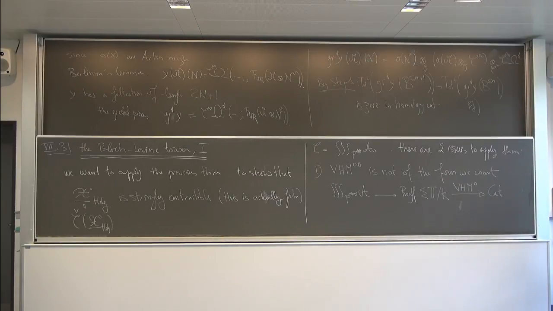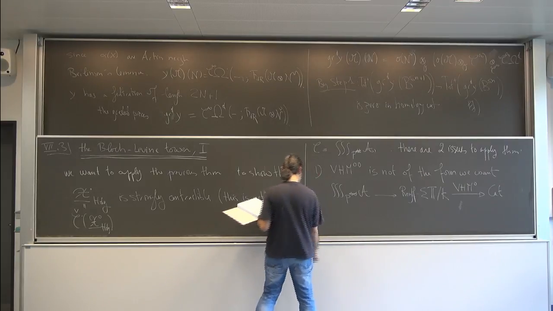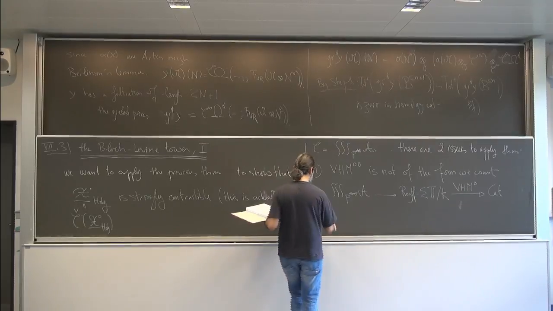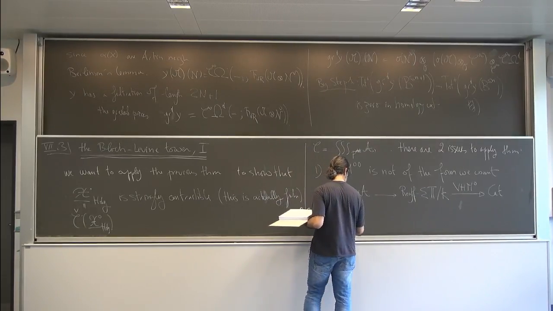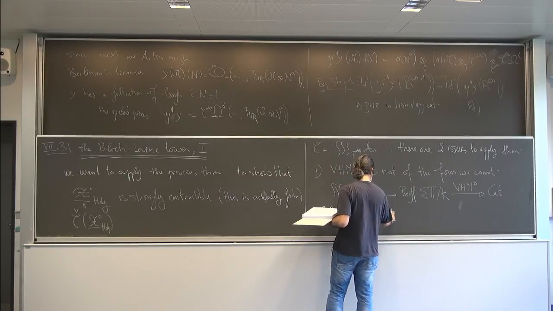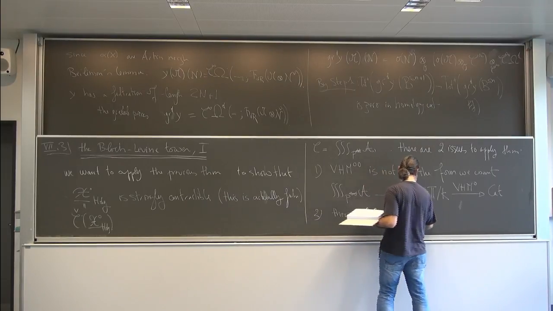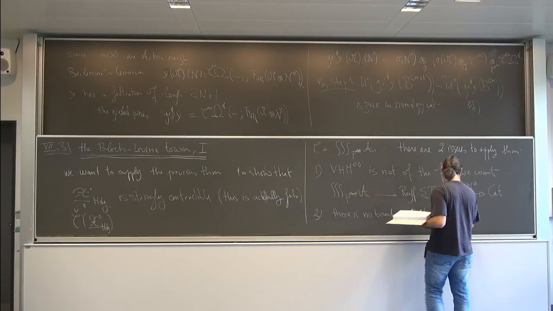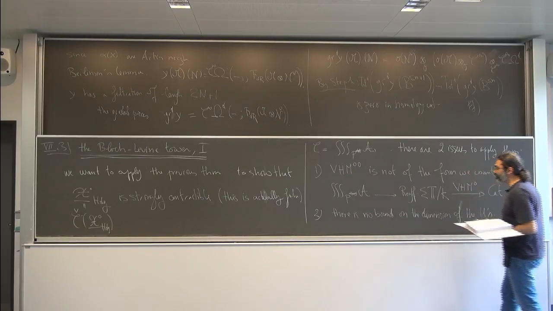This is one problem, and the second problem, which is clearly a serious one, is the fact that there is no bound on the dimensions of the U's that appear.